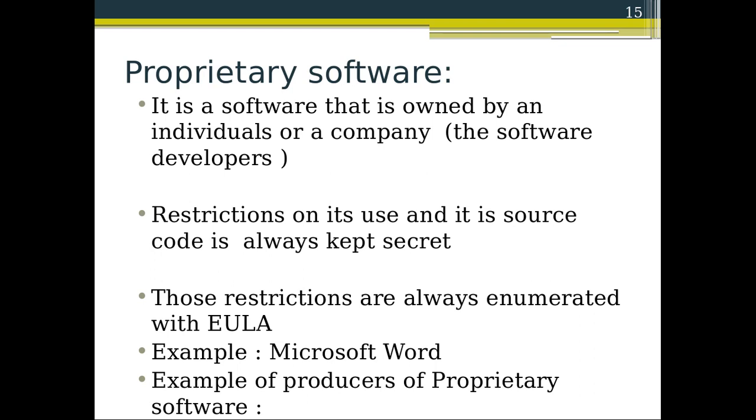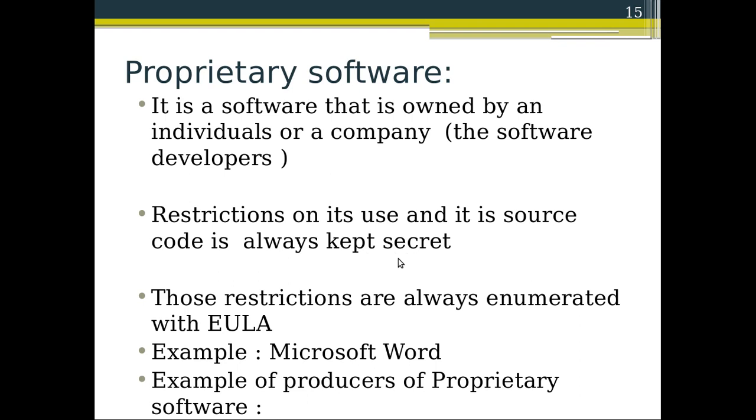Example, all the products of Microsoft are proprietary software. Okay, they are owned by the company named Microsoft. Okay, restriction on the use of a proprietary software, and the source code of that software is secret.